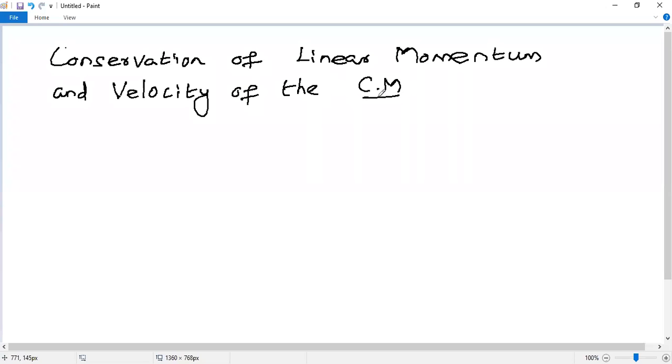CM means center of mass of the system. Okay. So now we'll discuss in this topic the conservation of linear momentum and the velocity of center of mass. Again, I will consider the n number of particle system. The masses of the system m1.